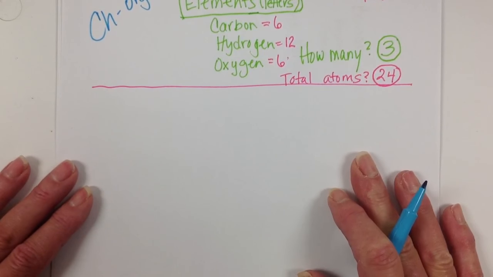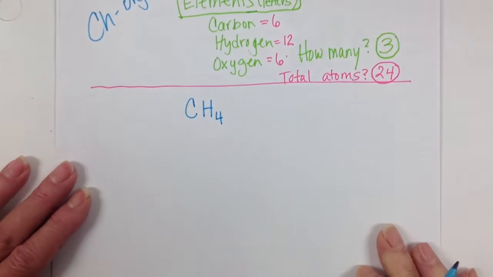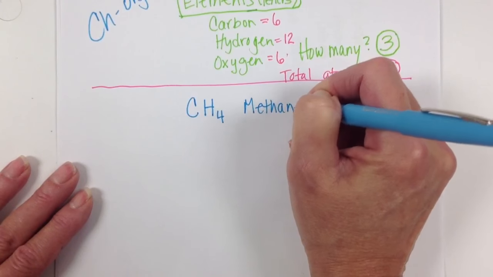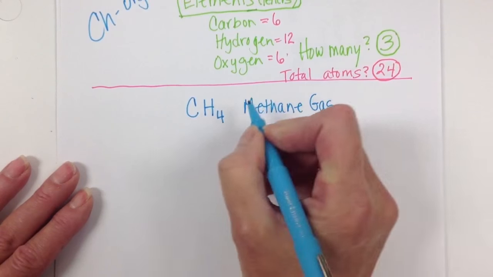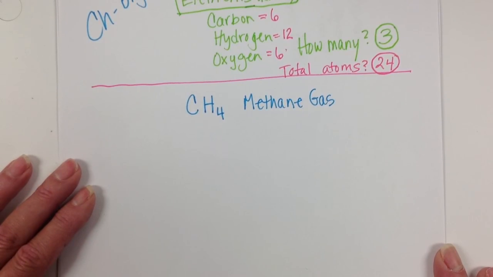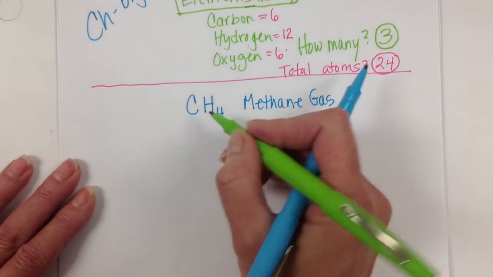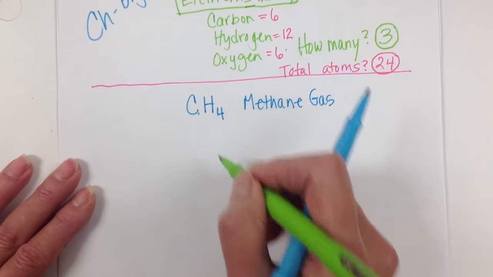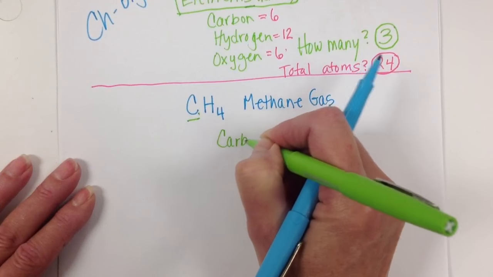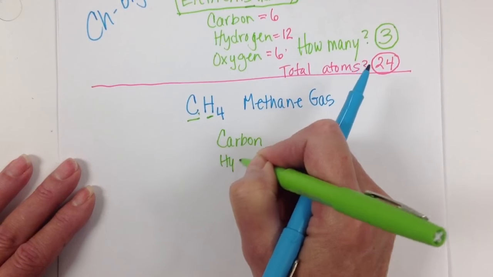So let's look at one more. We are going to look at methane, CH4, which is methane gas. That is gas that you use probably in your homes to heat your water. All right, so CH4. So what do we have here? C does not have a subscript. So that means there's only one C present. C stands for carbon, right? H stands for hydrogen.